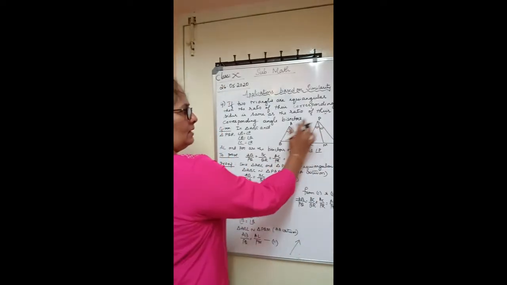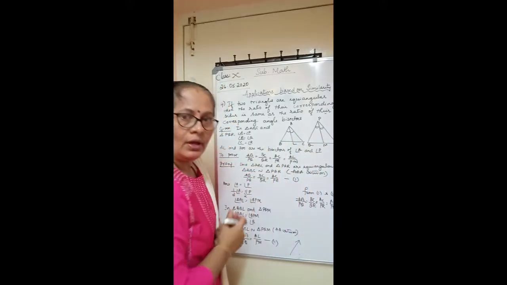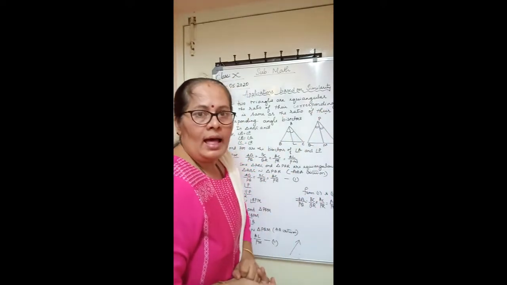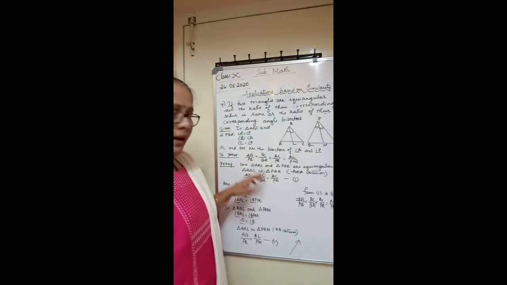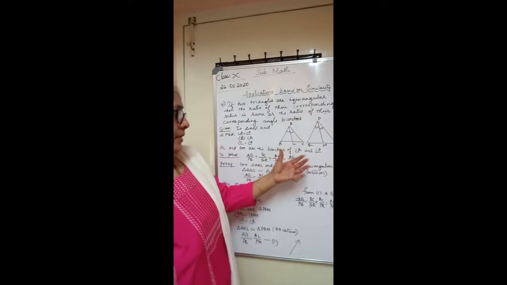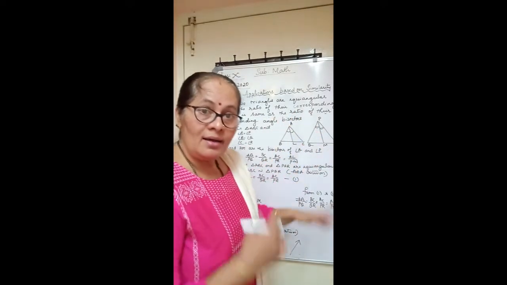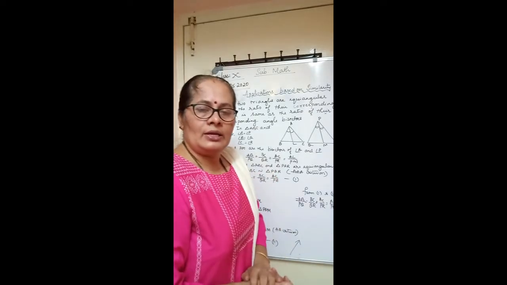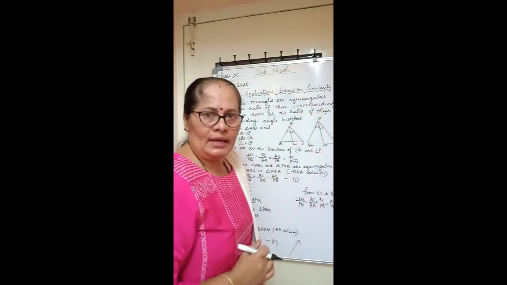So angle A equals P, angle B equals Q, and angle C equals R. AL and PM are the respective angle bisectors. You have to prove that AB by PQ equals BC by QR equals AC by PR, which is also equal to the ratio of the angle bisectors, that is AL by PM.